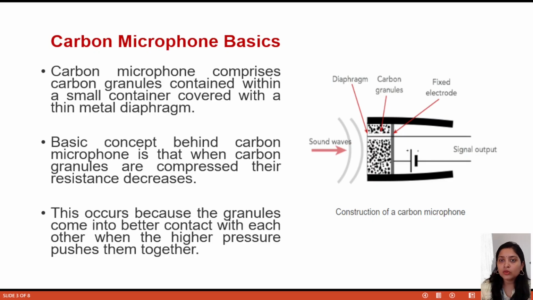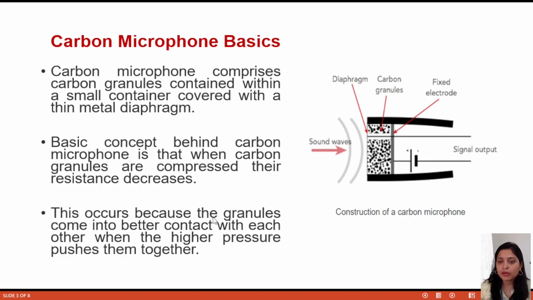Here, the first point is that a carbon microphone comprises carbon granules contained within a small container covered with a metal diaphragm. As I said, this is the carbon granules, the diaphragm, and the fixed electrode. The basic concept behind the carbon microphone is that when carbon granules are compressed, resistance decreases.